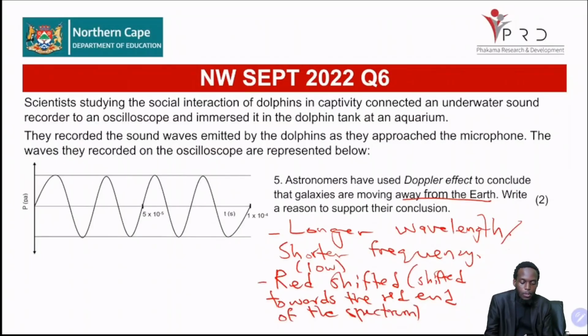So when you're observing light from a distant star, you would observe that it has longer wavelengths. If the wavelengths are longer, it means the frequencies are low. And when that happens, it means the light is shifted towards the red end of the spectrum. And therefore, that explains that the galaxies are indeed moving away from the Earth. And that is 2 marks, of course.